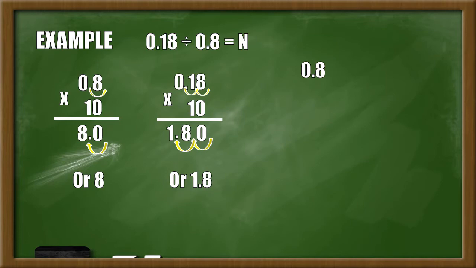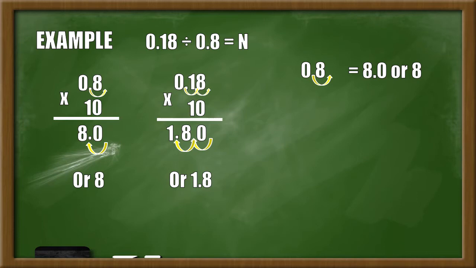So, if we will move the decimal point going to the right, just to make this number a whole number. So the question is, how many move? Very good. We have a 1 move just to make it a whole number. So that our answer will be 8.0 or 8.